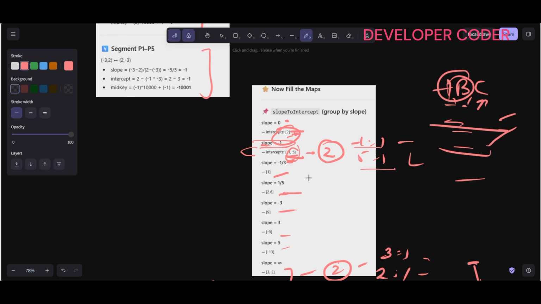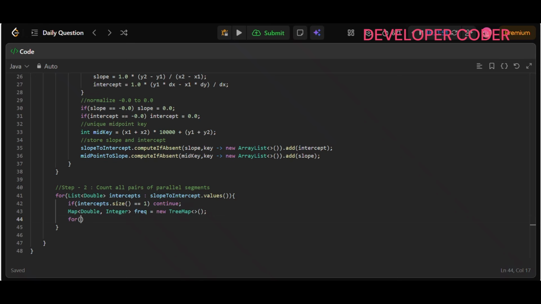There may be a case when we are getting -1 here 2 times as the intercepts, right? We can get this value as well, right? So what I'm going to do here, double D, I'm iterating over all the intercepts, and here frequency dot put, put the value in this particular key, right?